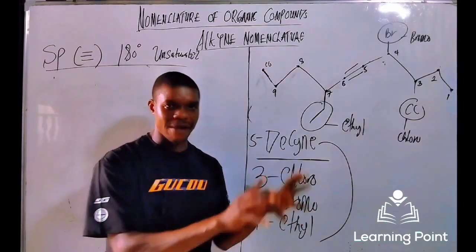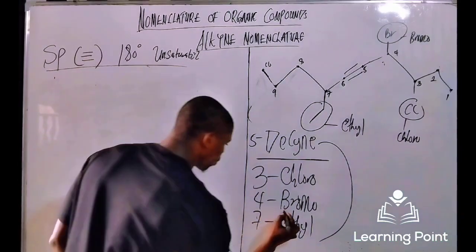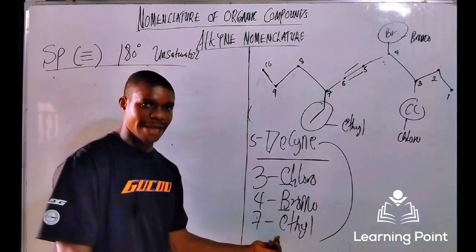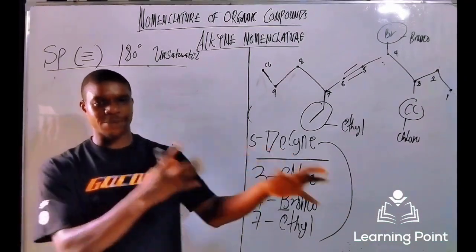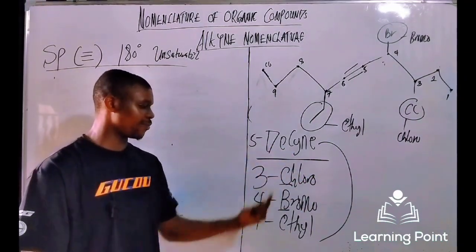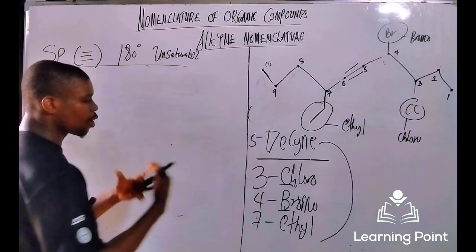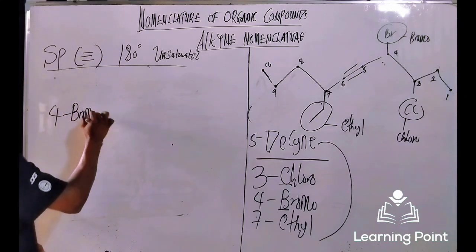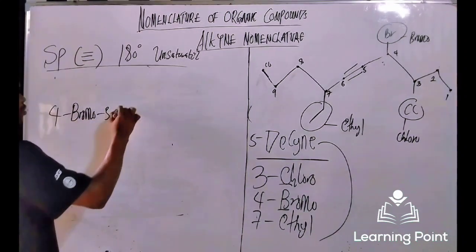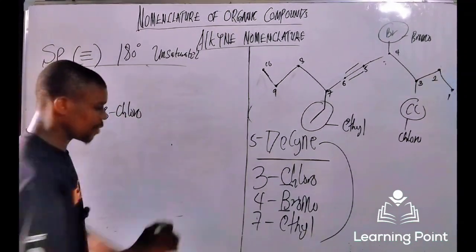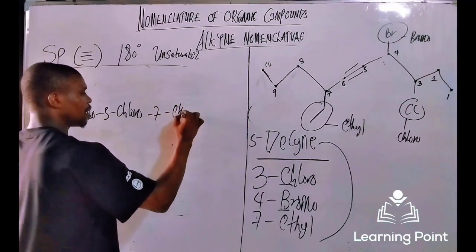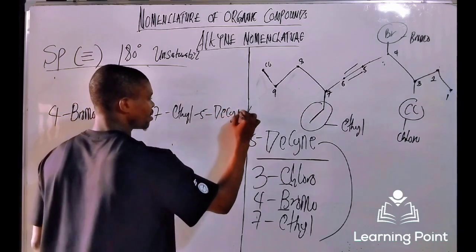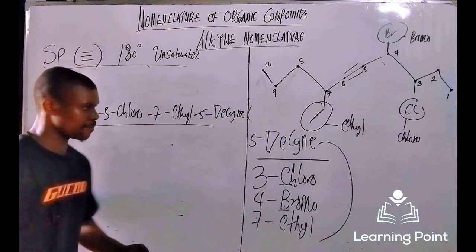B comes first in alphabetical order, before C, and C comes before E. So when we combine it together, it is 4-bromo, 3-chloro, 7-ethyl, 5-decyne. So that is the name.